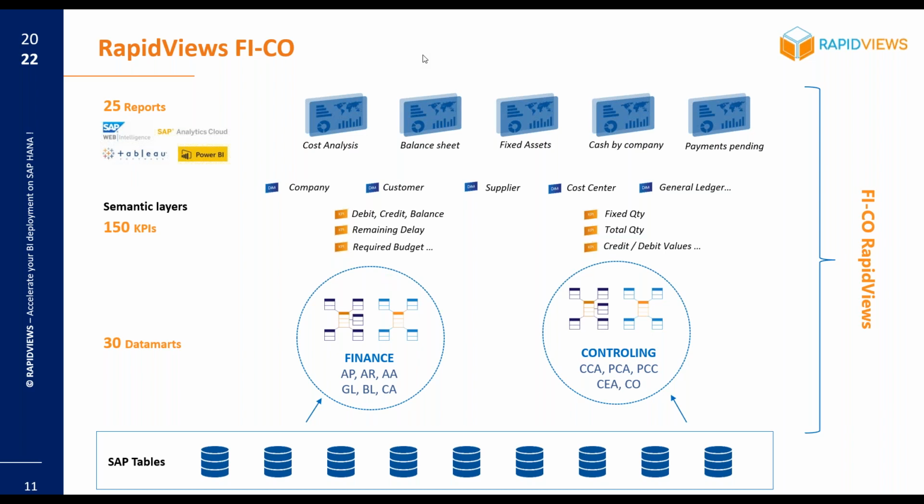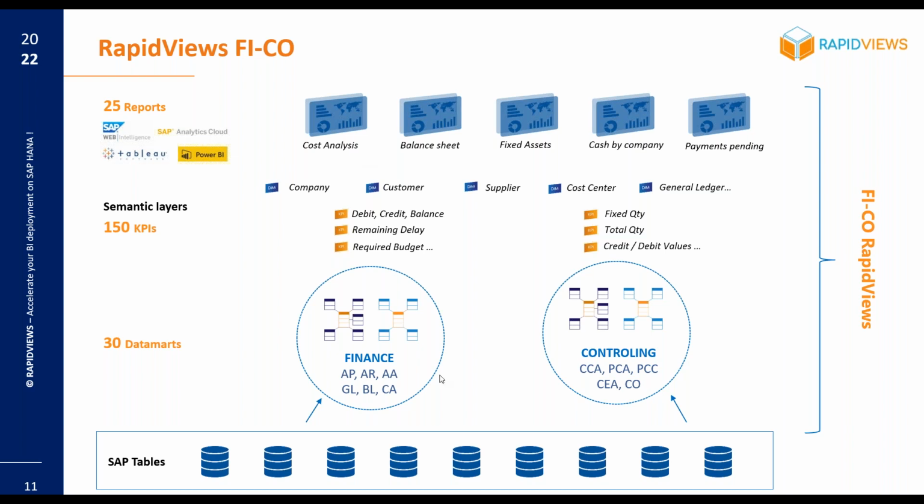For FI-CO, for example, you can see we provide 30 data marts, 150 KPIs, and 25 sample reports for SAP Web Intelligence, SAP Analytics Cloud, Tableau, and Power BI. These are sample reports which can be easily adapted by your company internally.